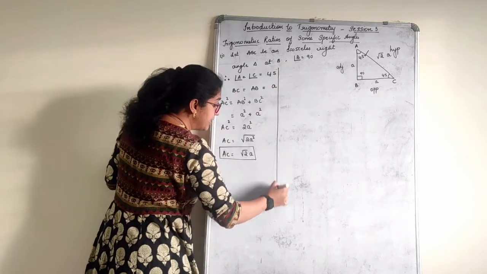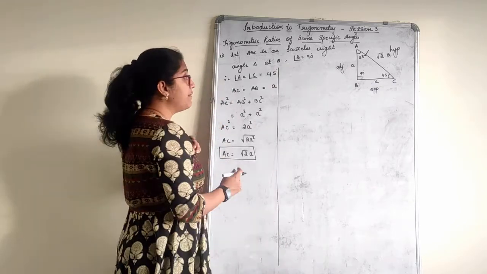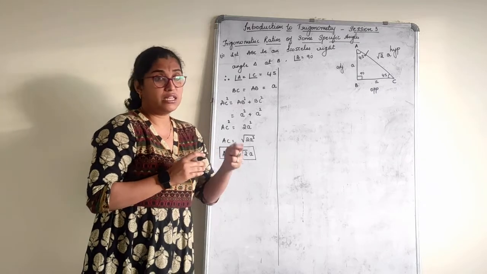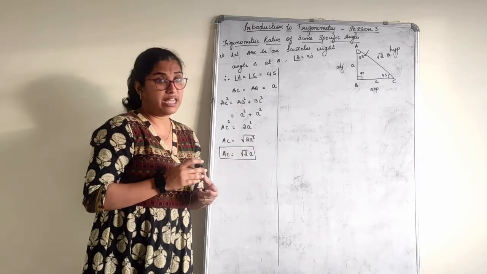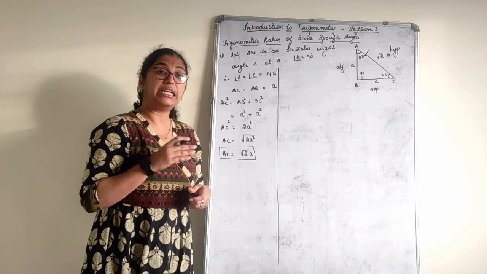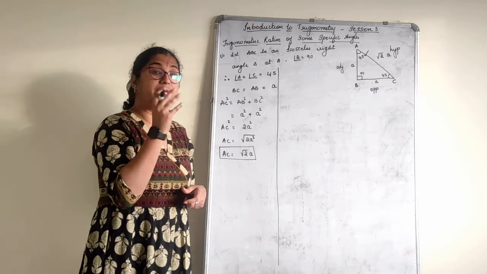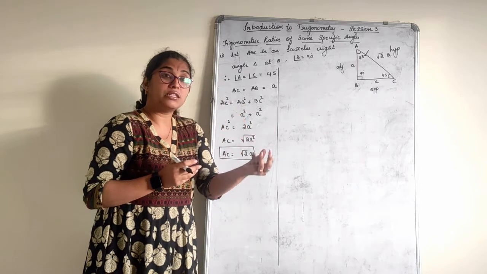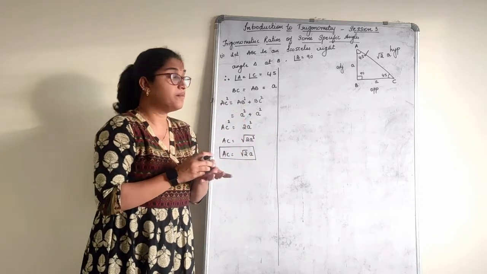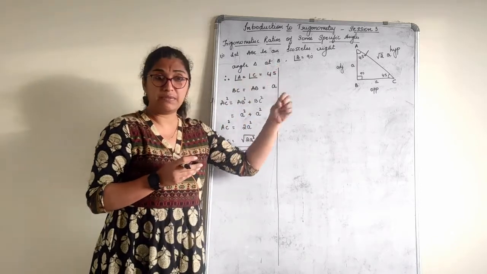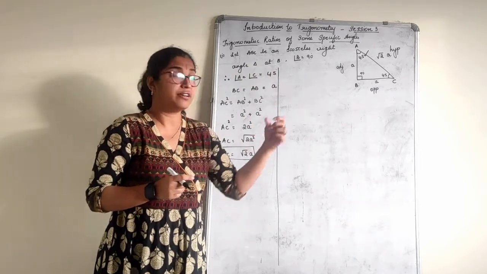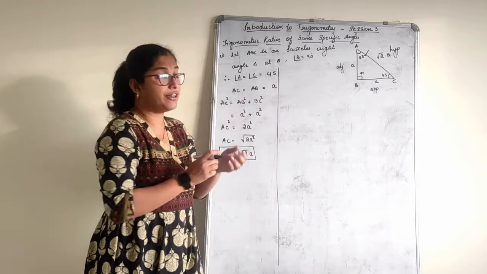Now let us find the T ratios. When we talk about T ratios, first will come sine, then cos, then sec, cosec, tan and cot. But what is sine A here? Have I chosen a particular angle here? What does A or C represent? That is an angle, theta, alpha, anything we can give. Here it represents 45.